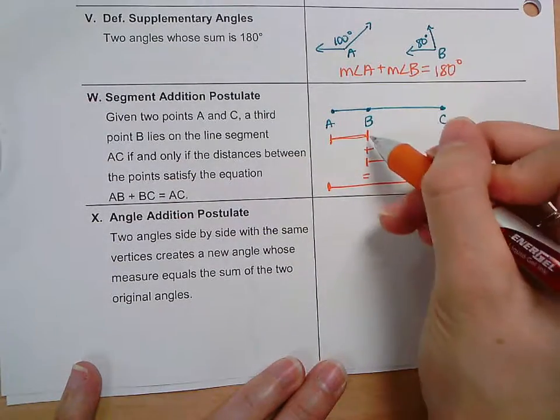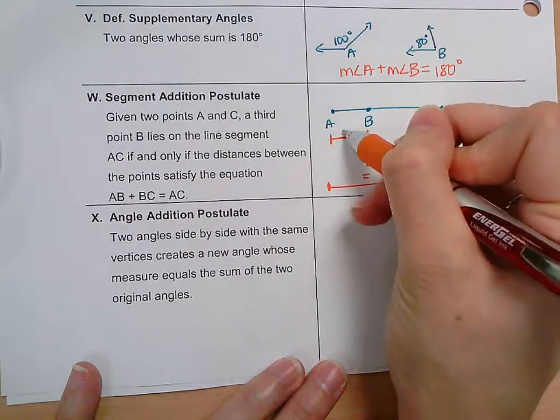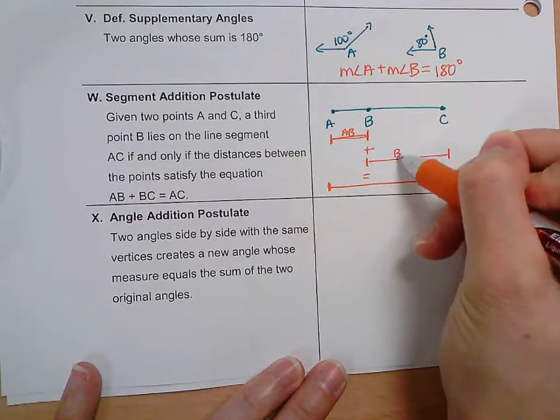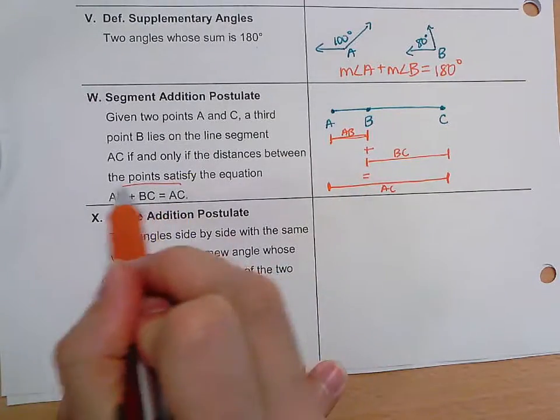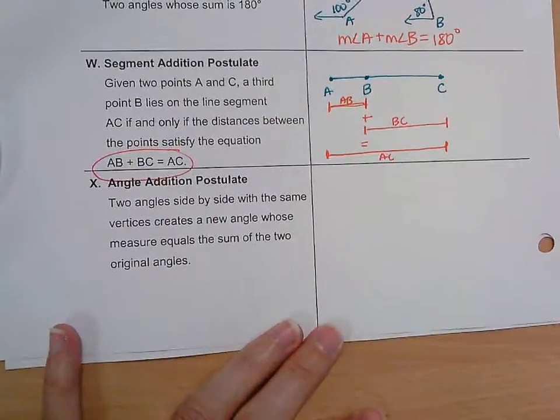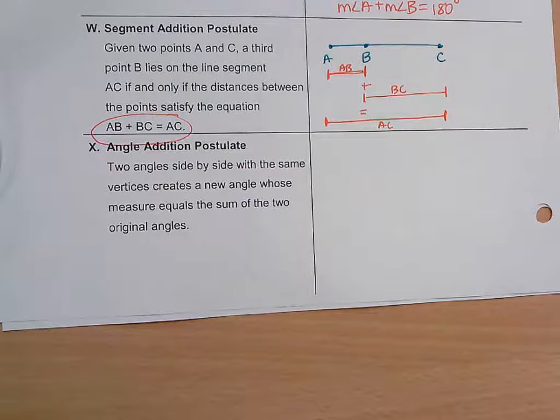So AB plus BC should equal AC, is what this equation is saying. We've used that before in chapter 1. Hopefully visually that makes sense. The two segments added together would equal the entire segment.